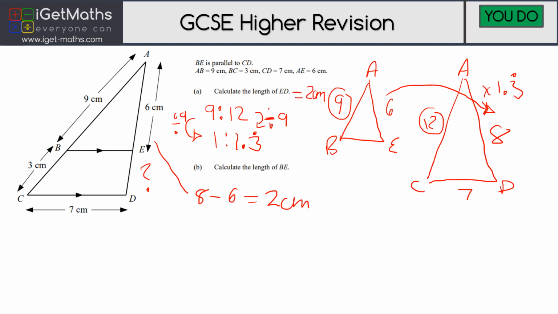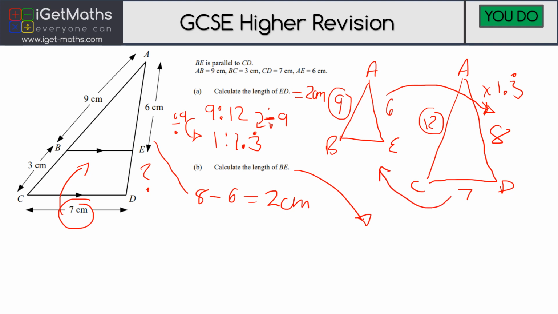Now what we need to do is calculate the length of BE. So we're going to do this question just over here so it's out the way. We need to calculate the length of BE. So we've got the length of CD, which is the corresponding side, and we're going to try to find BE. So remember, we're going from the larger shape to the smaller one.